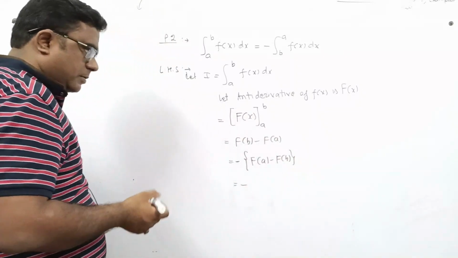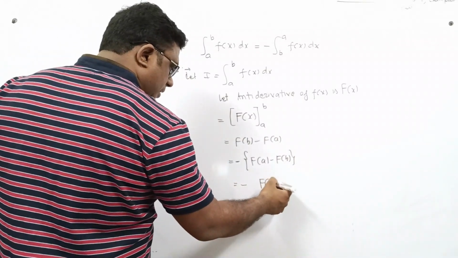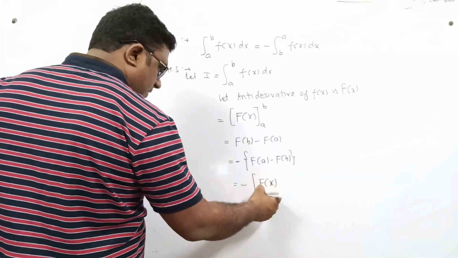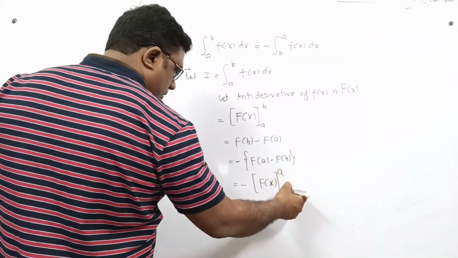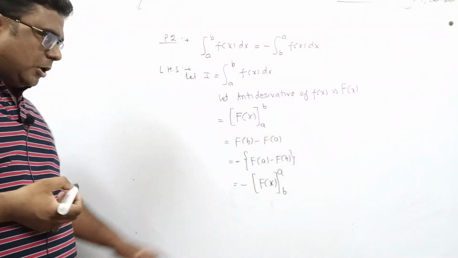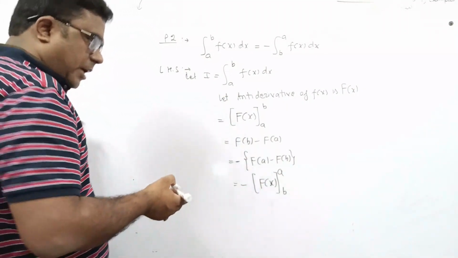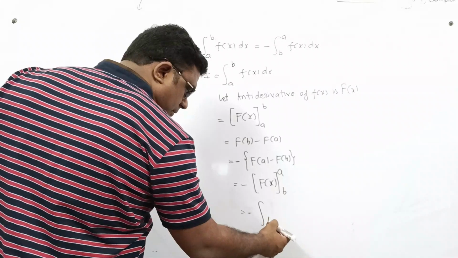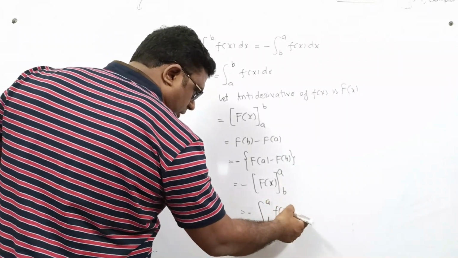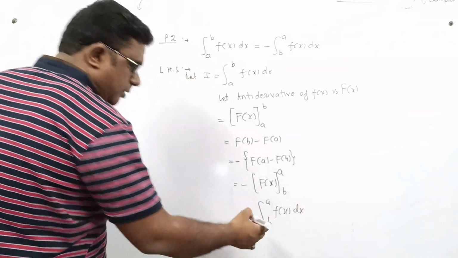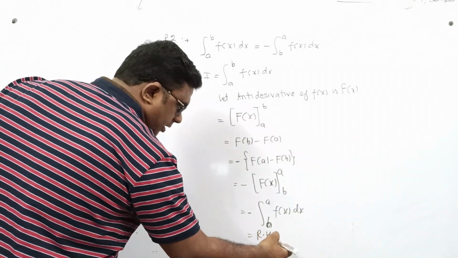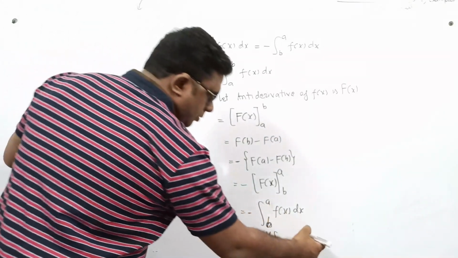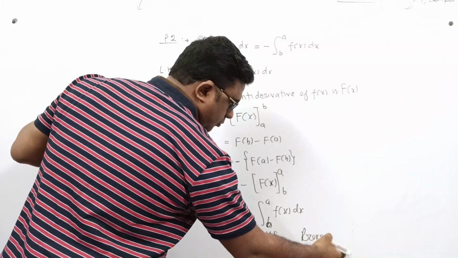We can write it in the form of F(x) inside square brackets, a here and b here. Now capital F(x) was the antiderivative of small f(x), so I can say the integral from b to a of f(x) dx, and this is the right hand side of this property. So the second property is also proved.